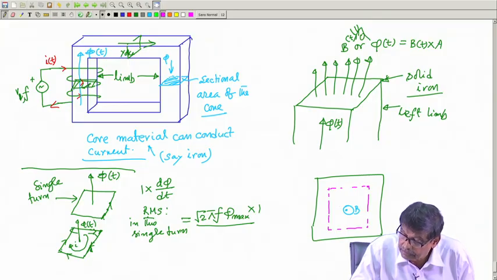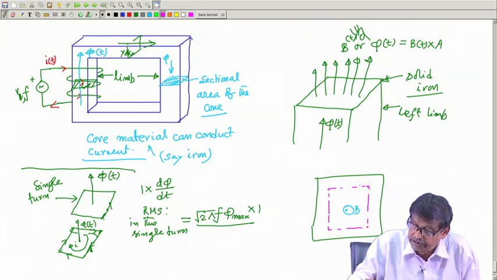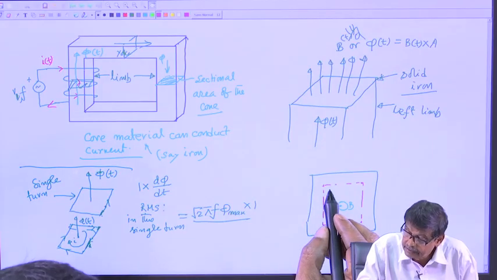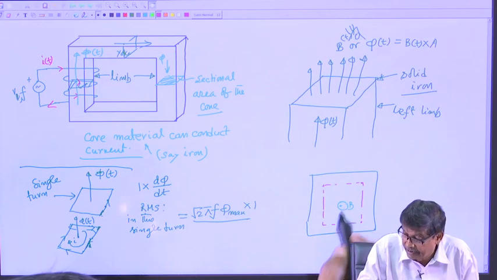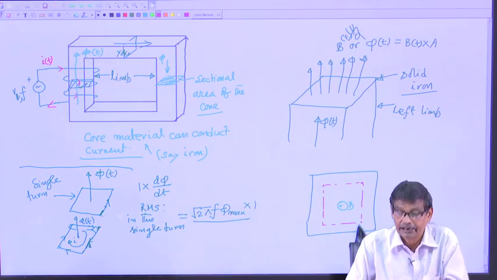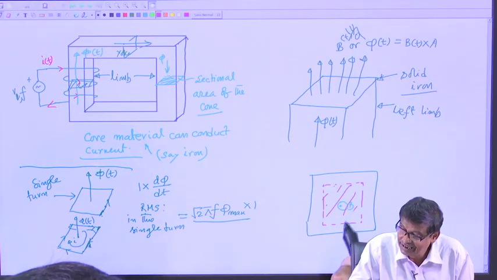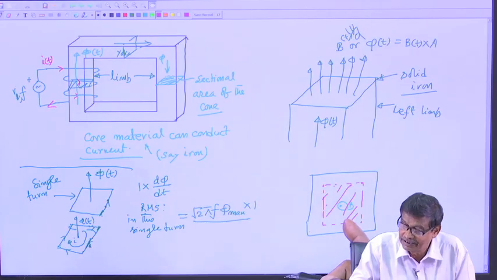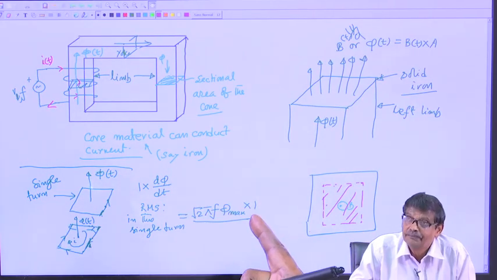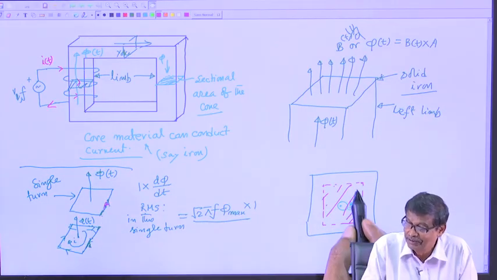Therefore, in this loop which I have considered, there will be an induced voltage whose value will be root 2 pi f phi max enclosed by this area, not this full phi max. If you consider a single loop like this, then you have to take this area and calculate the phi max there, into 1, and this switch is already closed, you have nothing to do.